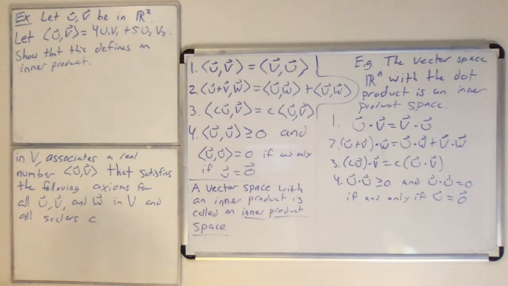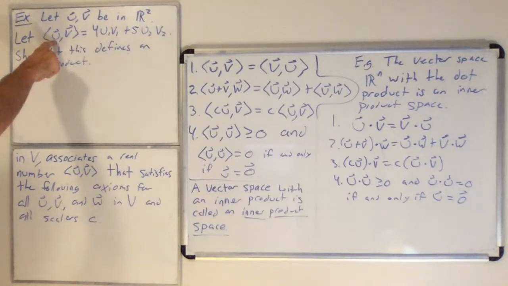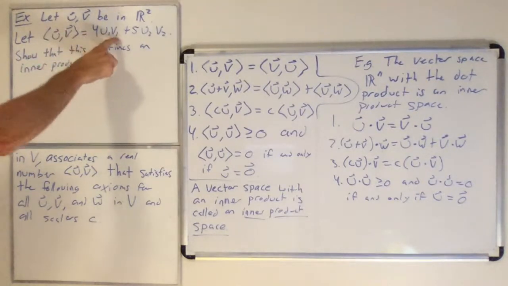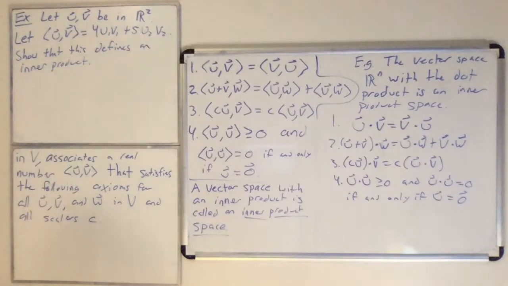All right, so does somebody in the chat want to explain how we're going to show that this is an inner product? And I'll give you a few minutes to try to work it out on your own. All right, so how are we going to show that this product here, 4u1 v1 plus 5u2 v2, is an inner product?